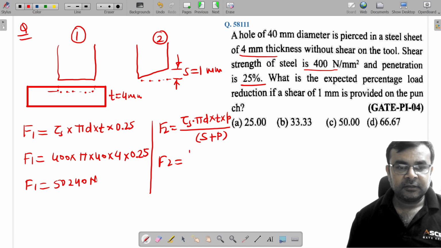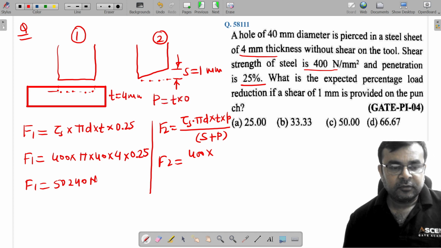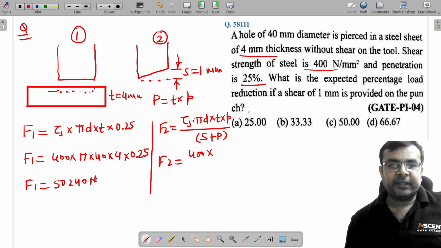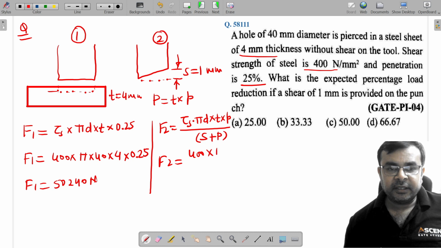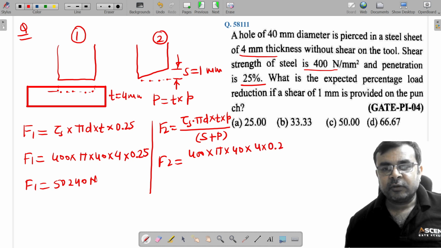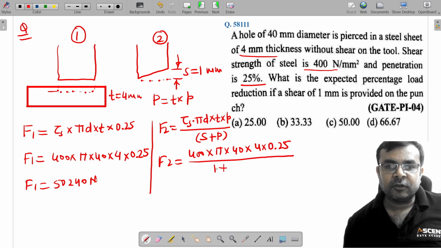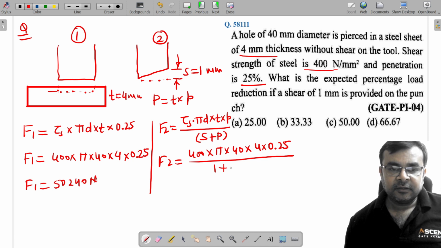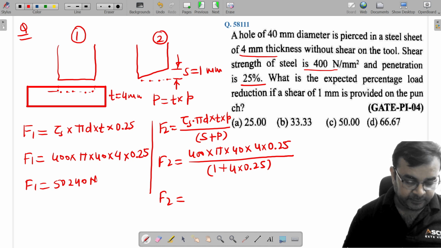So this is 400, and the capital P is the sheet thickness into the percentage penetration, that is small p, which is 25% already given here. 400 into pi into d, that is 40 mm, into t, that is 4 mm, of 25% penetration, that is 0.25, over 1 plus shear. The amount of shear is given, that is 1 mm, plus 4 into 0.25, correct? Once you calculate these values, you just see how much we get.